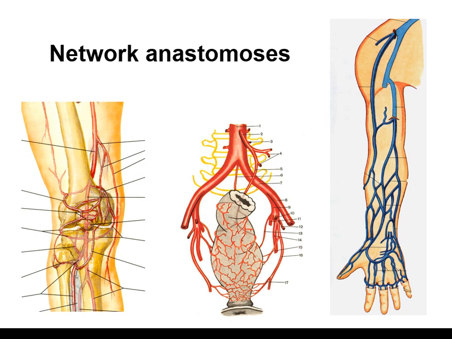Here the branches of the arteries anastomose to each other and form a network. The arterial network of, for example, the knee joint is formed by branches of nine arteries. In the rectum, we have seen them, inside the rectum we can see anastomosis between branches of five arteries.